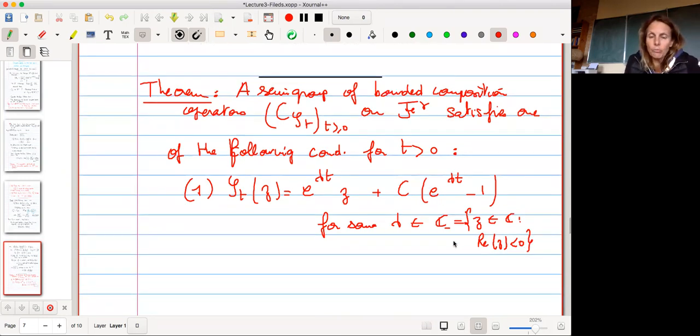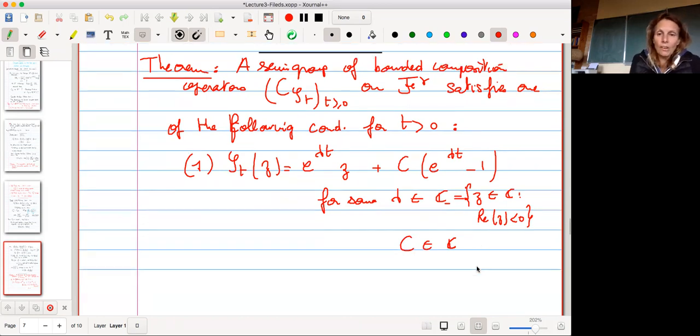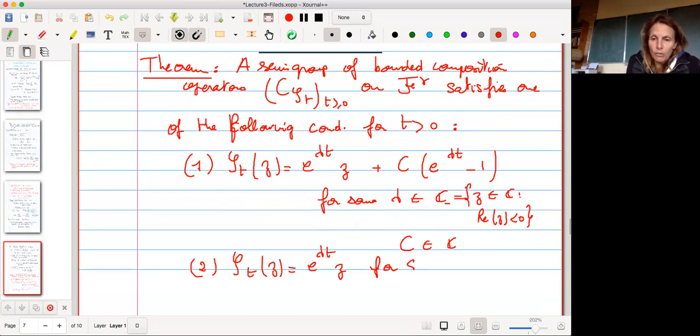So lambda must be like that, and c is arbitrary. Or the other solution is just that phi t is exponential of lambda t z for some pure imaginary lambda, that is, lambda in iR.